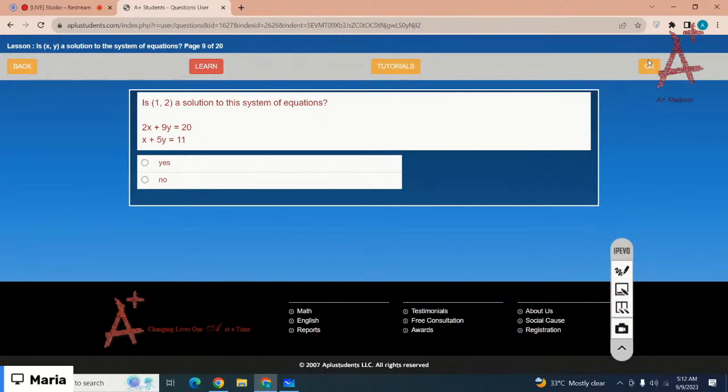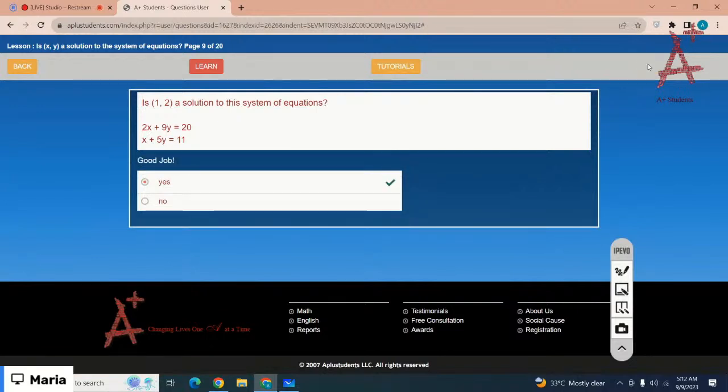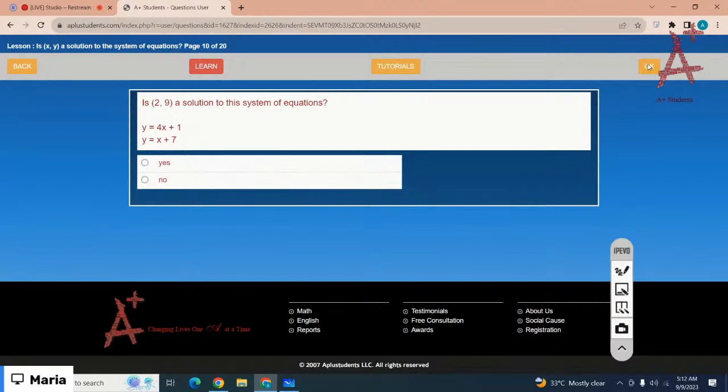The correct option is yes, that is the solution of the system of equations. Okay, is (2, 9) a solution of the system of equations?